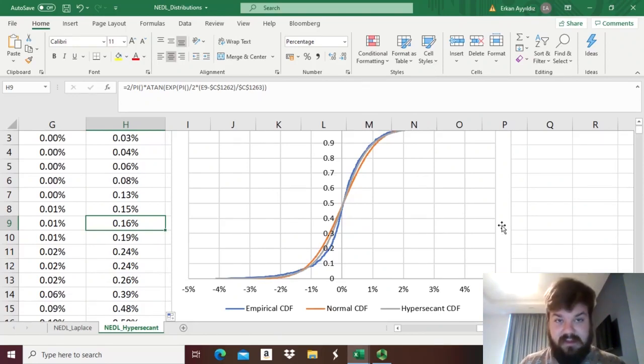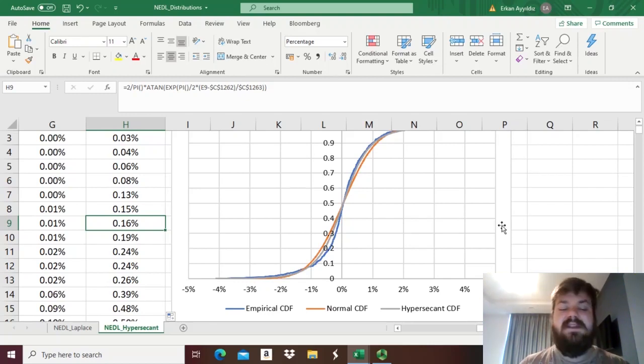As we all know, the kurtosis of the normal distribution is 0, while the kurtosis of the hypersecant distribution is actually 2. So a good idea would be to assess the kurtosis of the empirical distribution that you have in your hands, and if it's reasonably close to 2, then the hypersecant distribution might be what you're looking for.